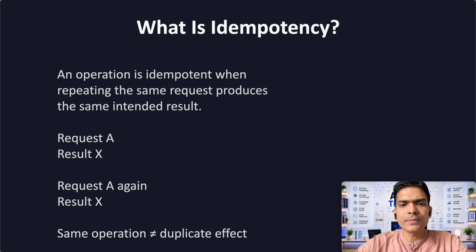In simple terms, same operation does not equal duplicate effect. This property makes retries safe because even if the request is repeated, the system's state does not change beyond the first execution.